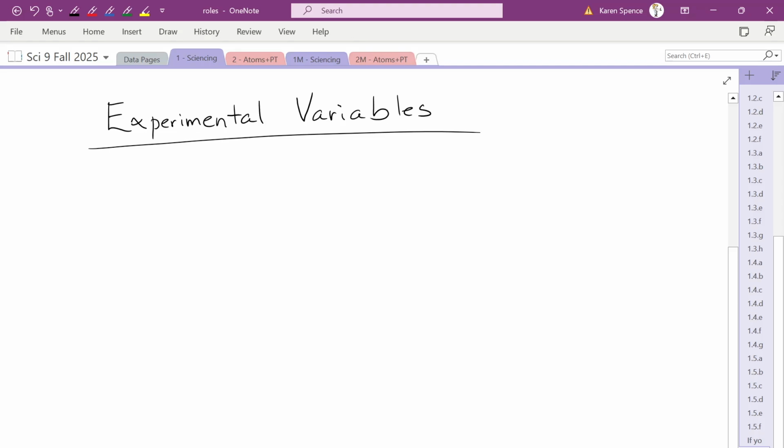There are, I believe, 3 types. And if you can remember them, you're going to write them down yourself. And if you don't remember them, we will write them down together. So do your best to try and remember. Feel free to chat with your neighbor if you don't remember.